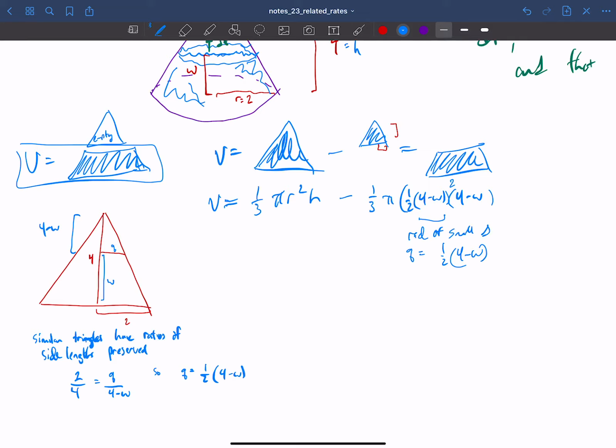Okay, it kind of looks like I have too many variables inside this expression for the volume, but I don't, because this r, we know is equal to 2, and I know this h is equal to 4. So the only variable here is my w.